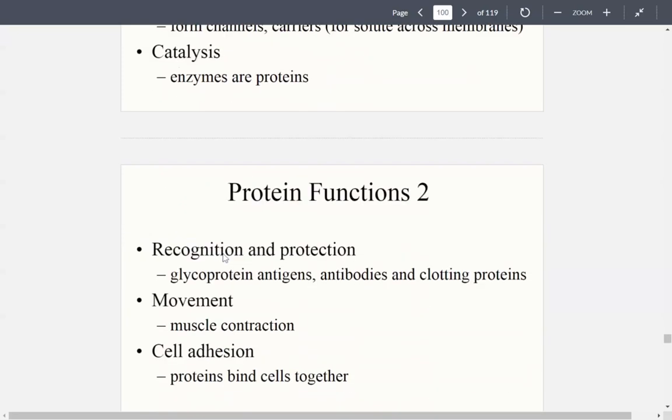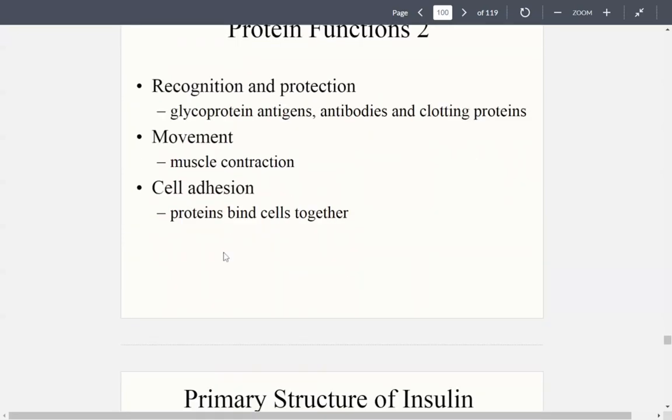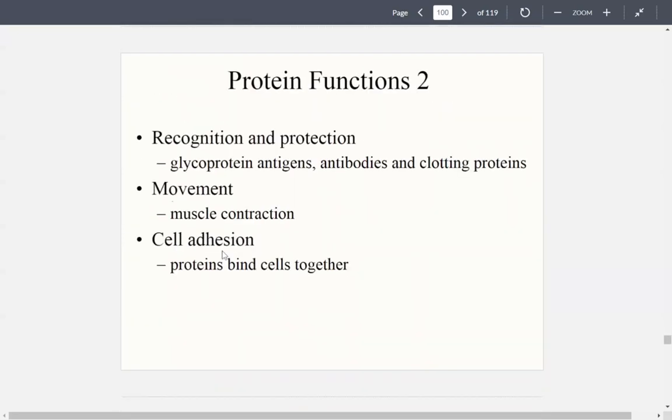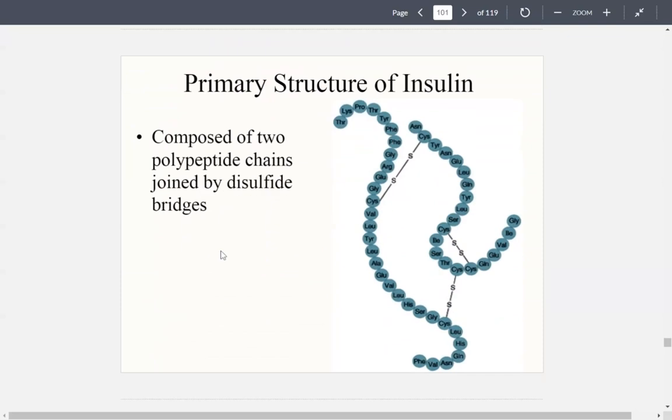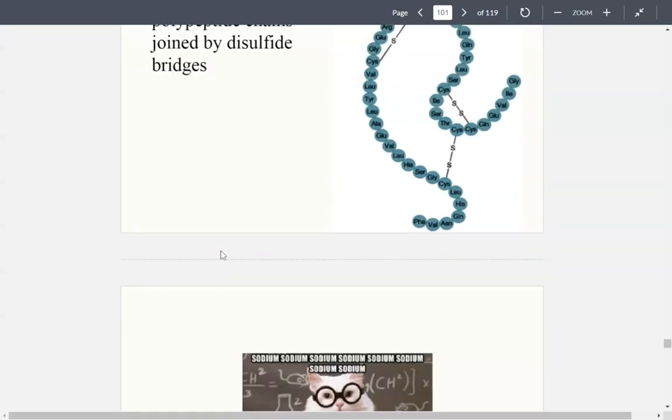We'll talk about them later. They're going to be involved with recognizing what belongs and what doesn't, and protecting what belongs in the form of antibodies and clotting proteins. They're going to be involved with movement, muscle contraction. They're going to be involved with binding cells together. They do a lot.